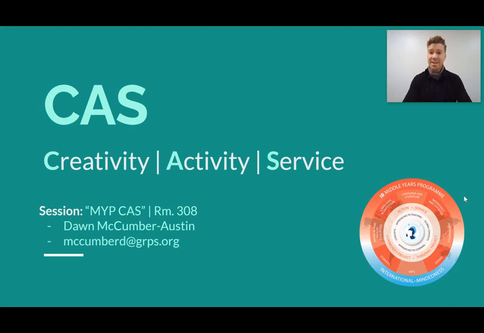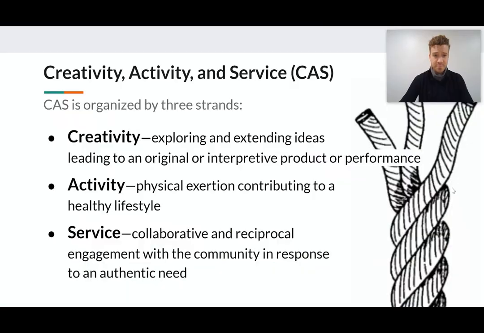Okay, let's look again at the core, IB core. One of them is CAS, Creativity, Activity, and Service. Ms. Dawn McCumber-Austin is our MYP coordinator. Her email is on the screen. She's happy to answer any questions or help in any way that she can. CAS, again, Creativity, is organized into 3 main strands: exploring and extending ideas, leading to an original or interpretive product or performance.